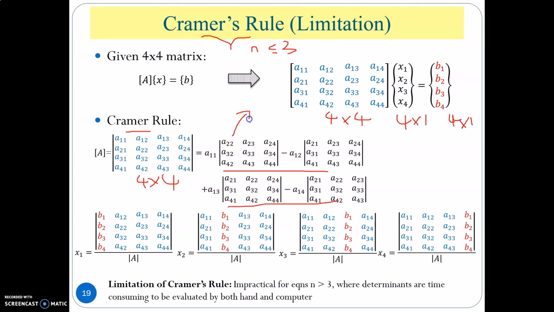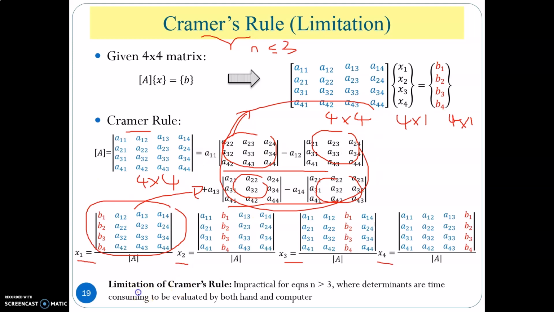Instead, you need to perform the determinant again inside the equation for all of these components. The same applies to your x1, x2, x3, x4, where you have determinants to compute similar to this procedure. So this is the limitation of the Cramer rule for solving more than 3 equations.